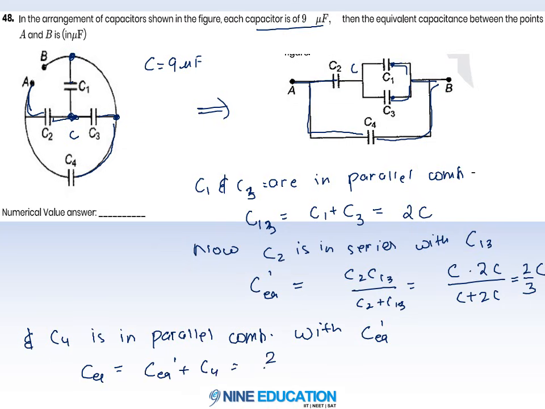So 2 by 3 C plus C, which is 5 by 3 C, and the value of C is how much? 5 by 3 into 9 into 10 power. Oh, they are asking in microfarad itself, so directly we can write microfarad. So 3, it will give us 15 microfarad. So the answer of this question is 15.